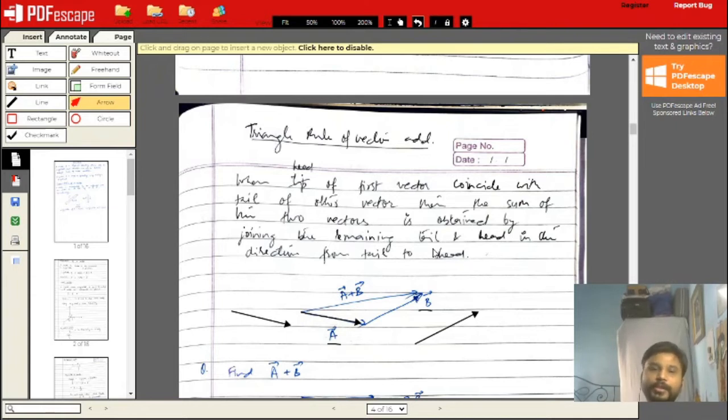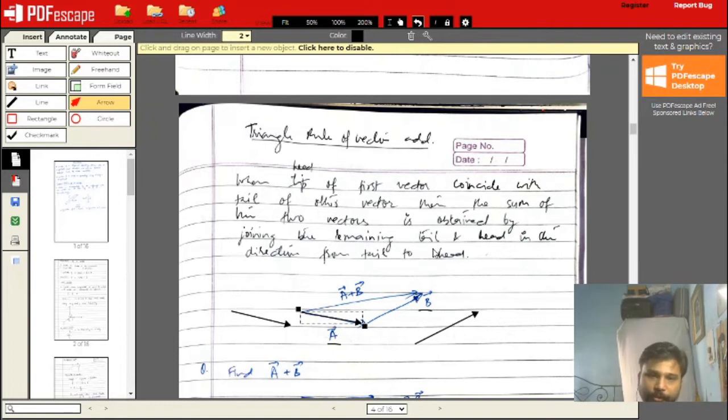So what is this rule itself? The rule says that if you have two vectors, just coincide the head of a vector with the tail of another vector. Any vector with any vector. So head of one vector with tail of another vector. The remaining head and tail are to be joined in the direction from tail to head.